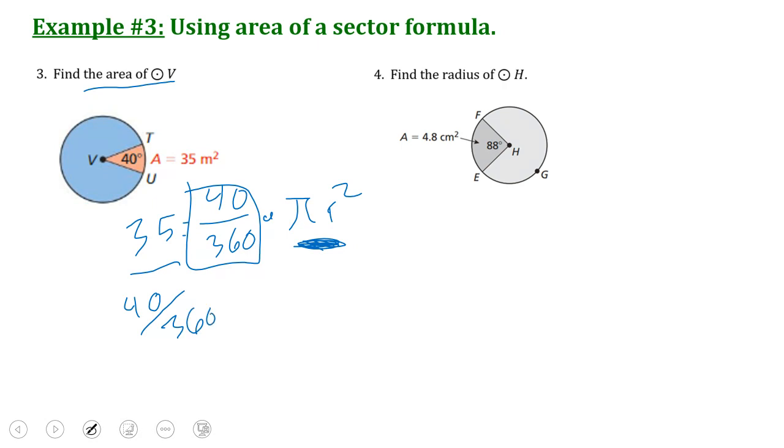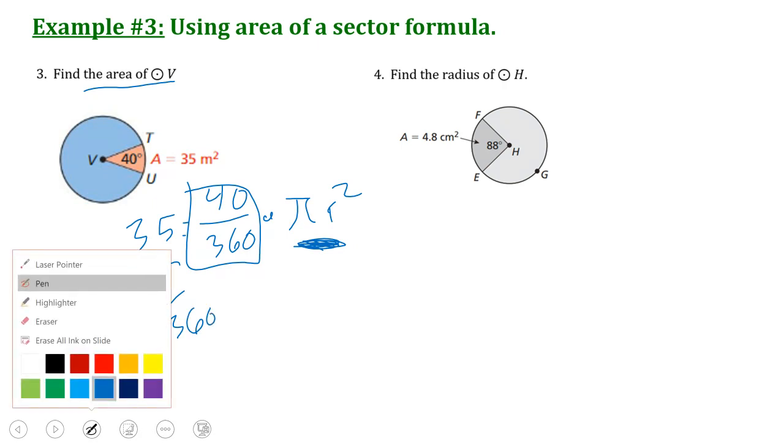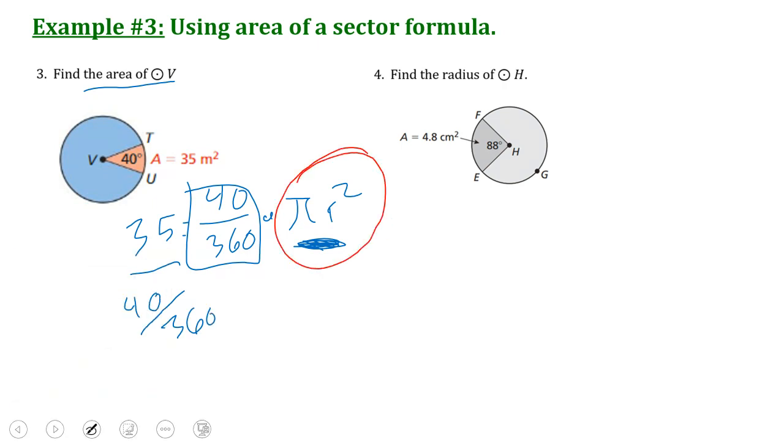Right? Because isn't this the area of a circle? So once this is done, we're finished here. So I got 315 meters squared equals pi r squared, which is the same thing as the area of the entire circle.